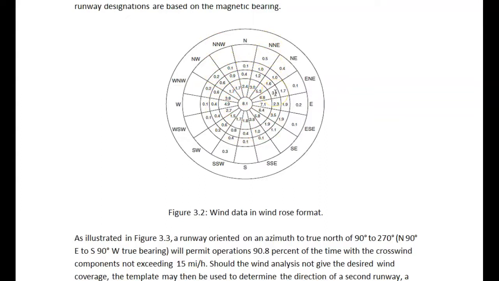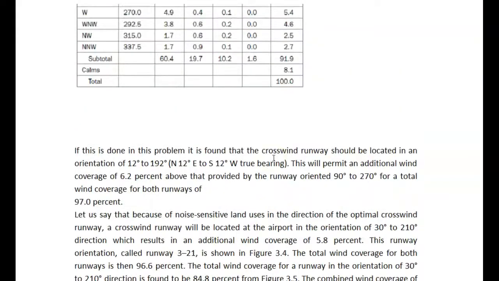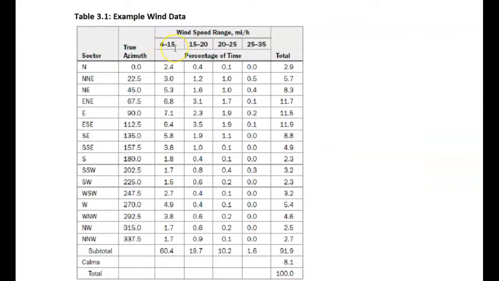So what we have to look at is the table. We have between 4 to 15. The range is 4 to 15. This is 15 to 20, which is an interval of 5. This one is an interval higher than 10, from 5 to 15. The difference for 15 to 20 is 5.